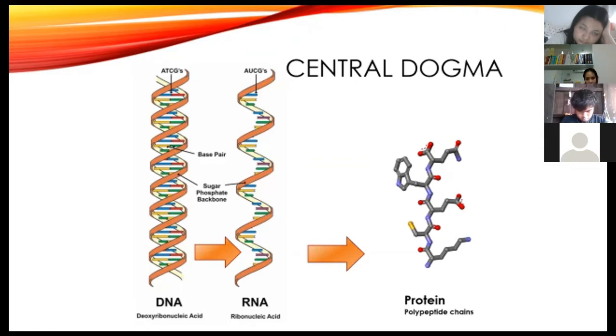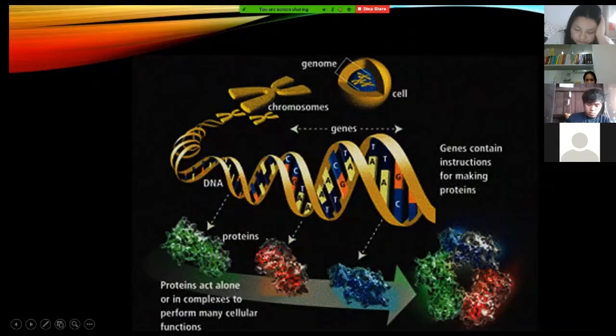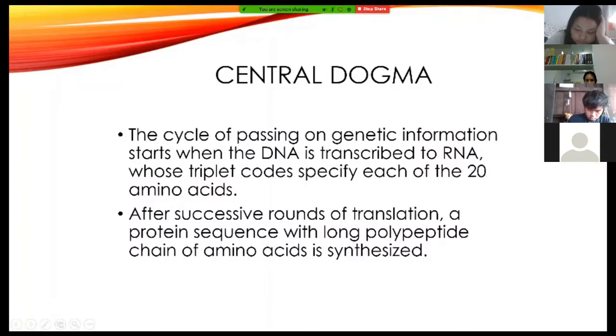The concept in bioinformatics gathers around the central dogma, which is the DNA transcribed to RNA and RNA translated into protein. The central dogma is organized around the cycle of passing genetic information: when DNA is transcribed, the triplet codon specifies each of the 20 amino acids.